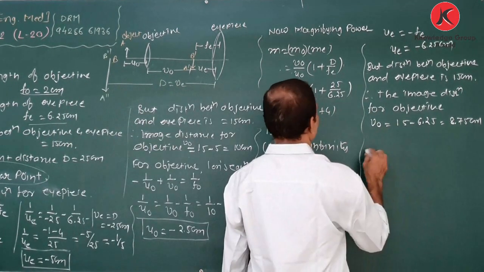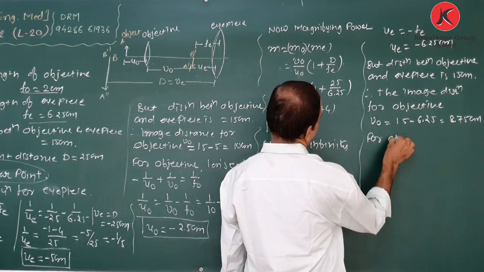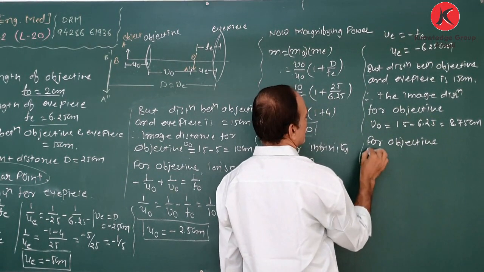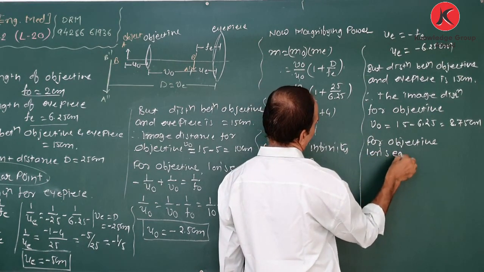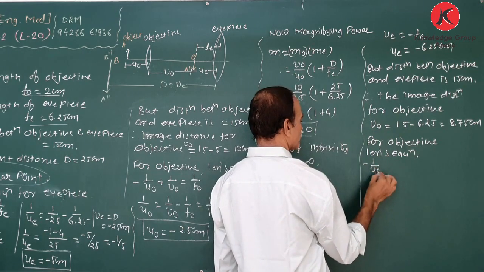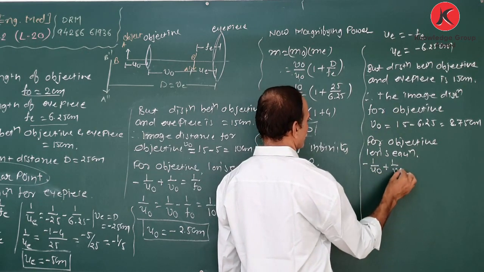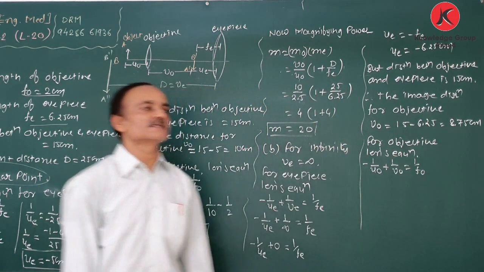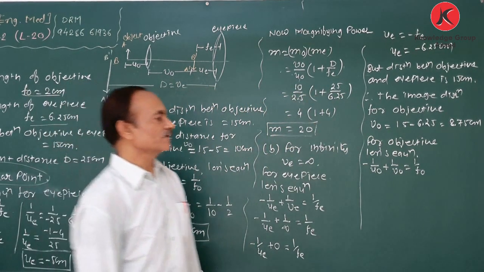Now, for the objective lens equation, minus 1 upon U0 plus 1 upon V0 is equal to 1 upon F0. So here we substitute the value.